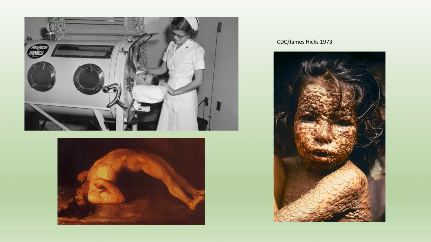We don't use iron lungs anymore, but we had to use them in times past because polio causes paralysis, including of the muscles that allow us to breathe. And so the iron lung used pressure changes so that these paralyzed children could breathe. Many of them recovered, but not all.